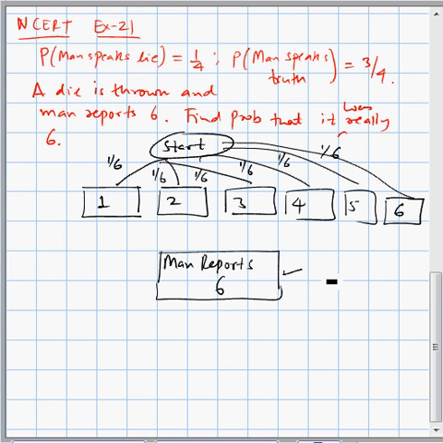It was really 6 on the die. So basically you can see this event can happen through this path: die shows 1 and then man reports 6. This event can happen through this also: die shows 2 and man reports 6. Die shows 3, man reports 6. Die shows 4 and man reports 6. Die shows 5 and man reports 6. Die shows 6 and man reports 6.